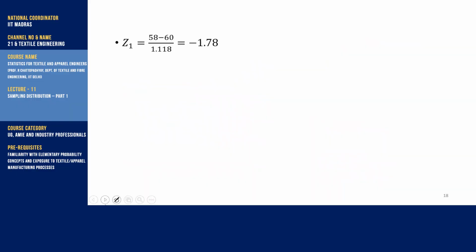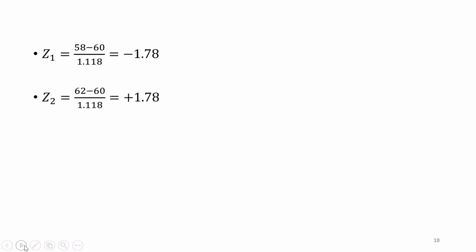So now we need to know what the Z value is. The tolerance is given: 60 plus minus 2. So it could be 58 to 62.